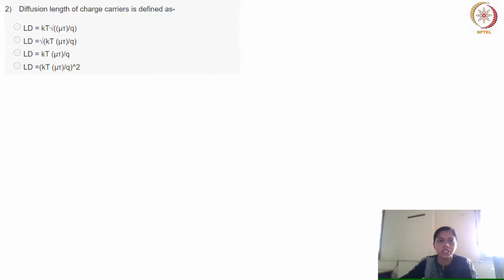Okay, so the next question is, the diffusion length of the charge carrier is defined as what? So suppose that LD represents the diffusion length.